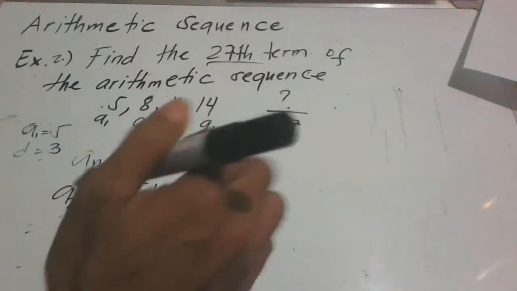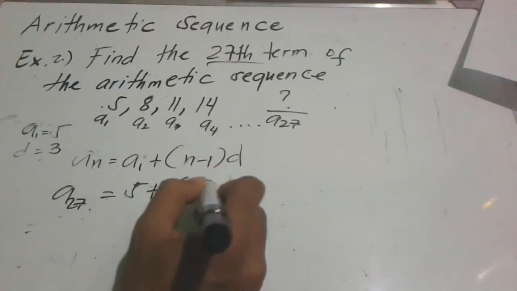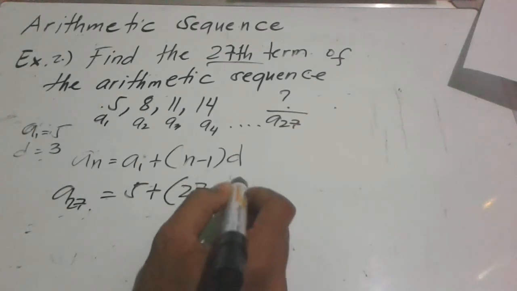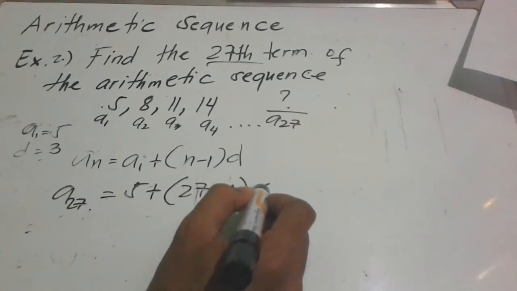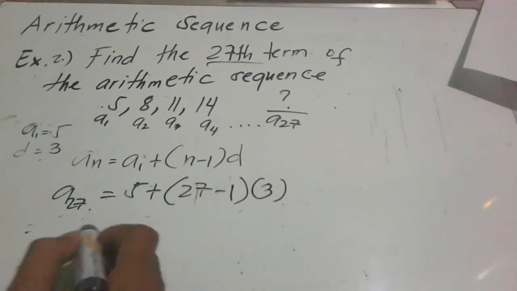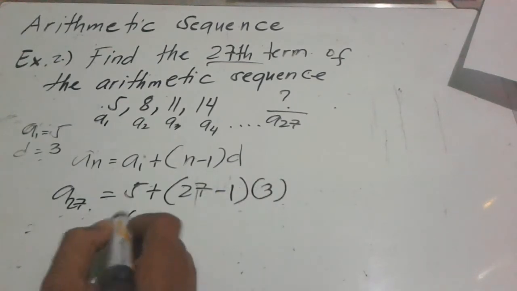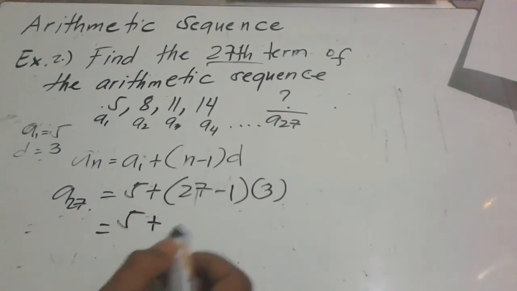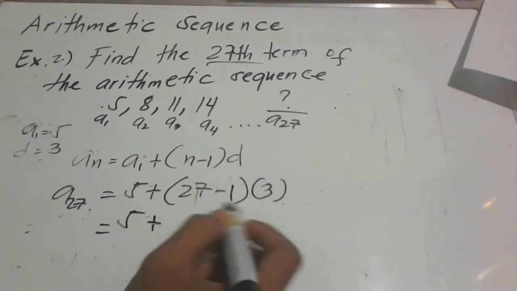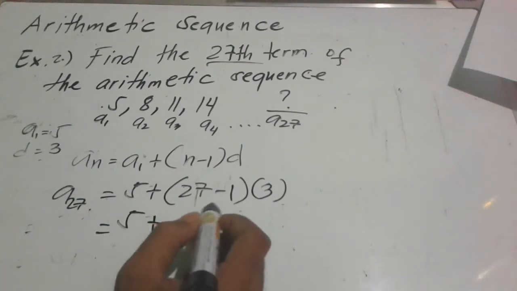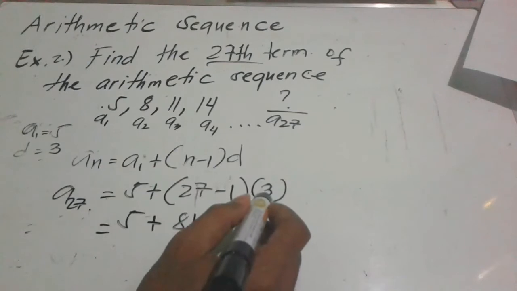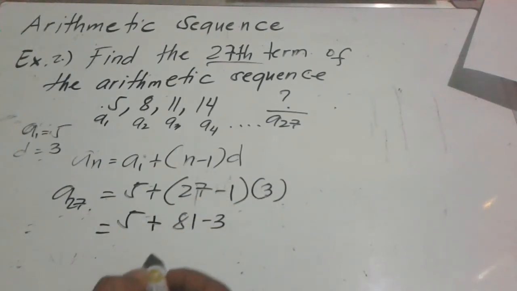Yun din yung sa problem. 27 minus 1 times common difference natin is 3. So, 5 plus 3 times 27 is distributive property. 3 times 27 is 81. And then, 3 times negative 1 is negative 3.